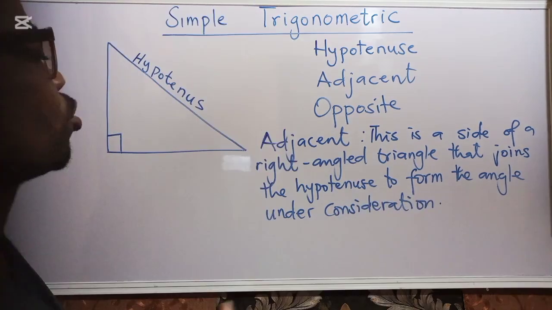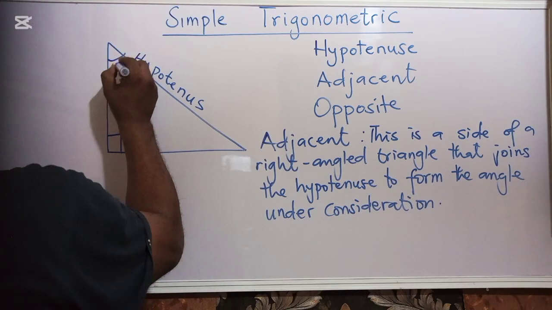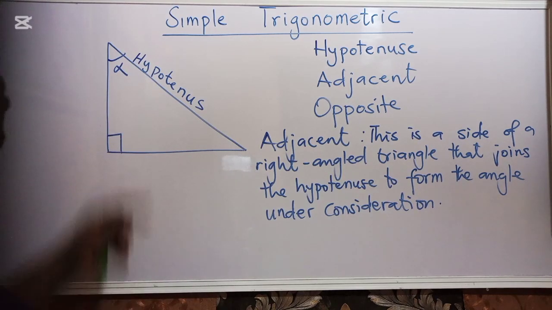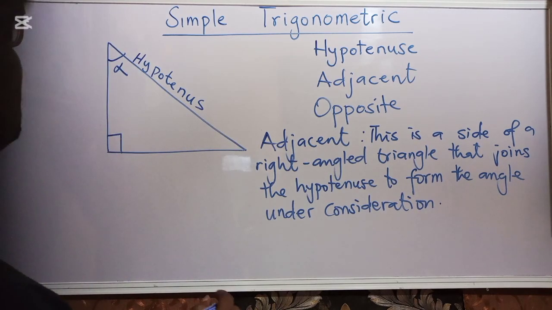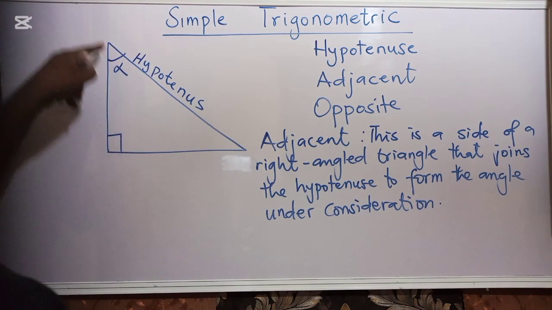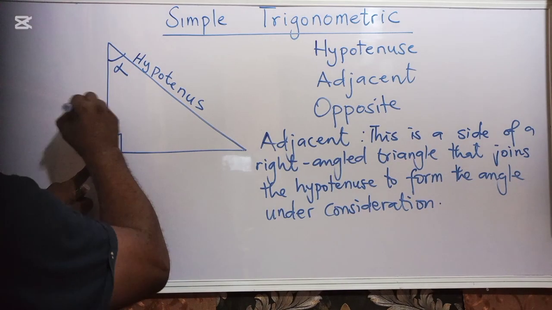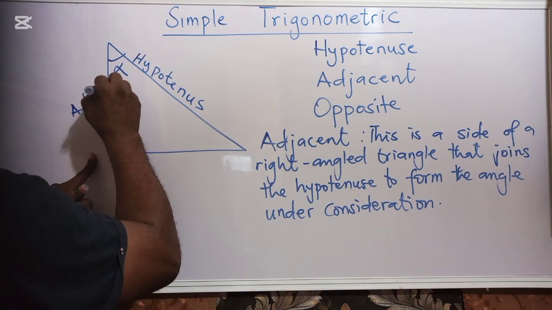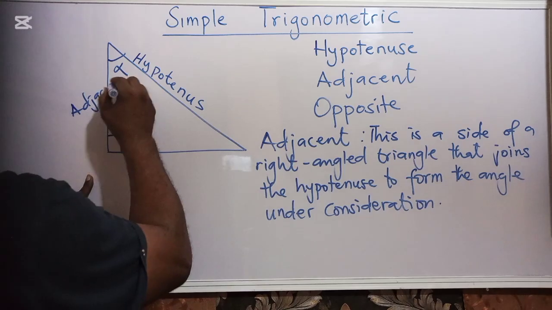Can you see? Let's look at it. If this is the angle under consideration, look at it. This is hypotenuse. The only line that has joined the hypotenuse to form this angle is this one. So this is our adjacent.